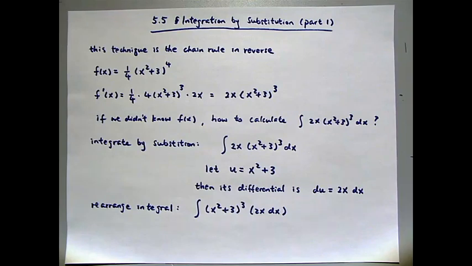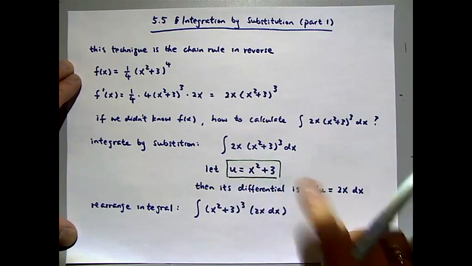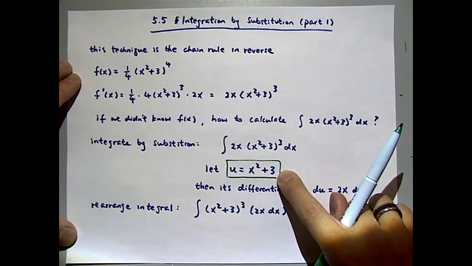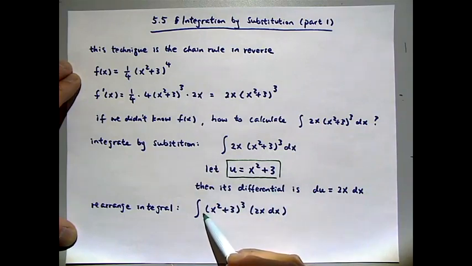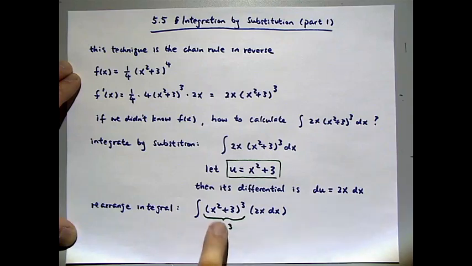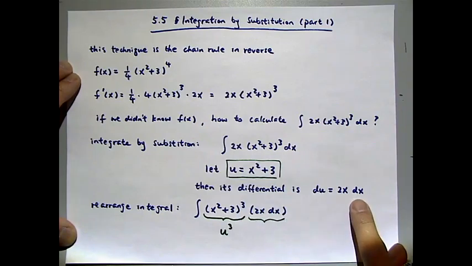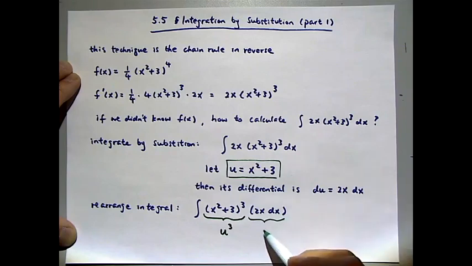Now the reason is because if you look back to what we called u, x squared plus 3 is u. So this group right here is simply u cubed, right? This guy is u. It's got a power of 3, so that's u to the power of 3. And whatever's left in here is du.